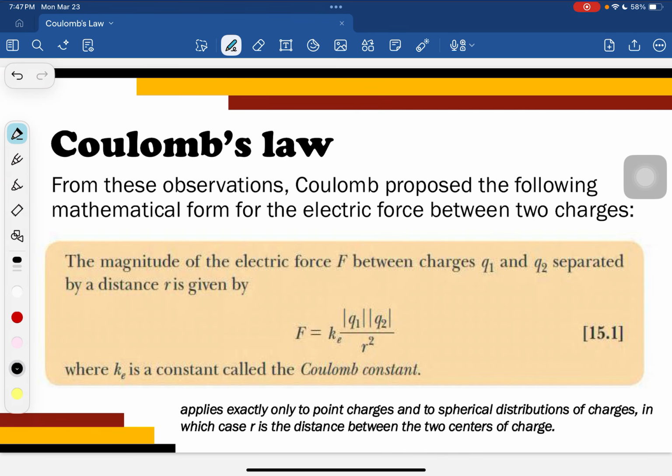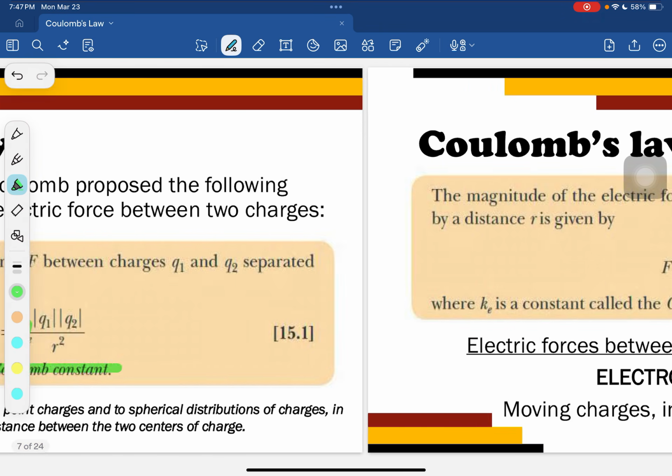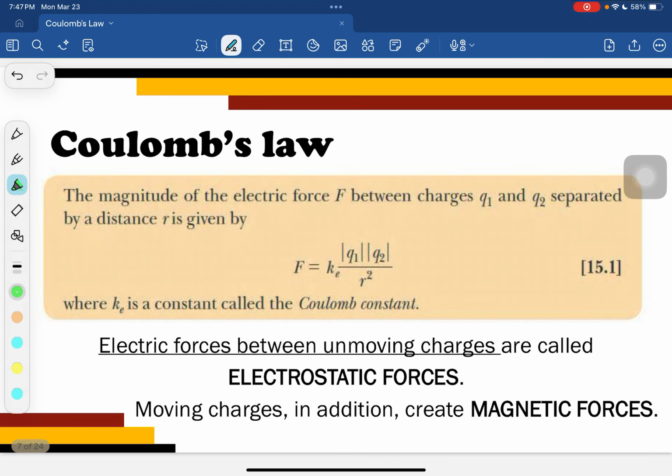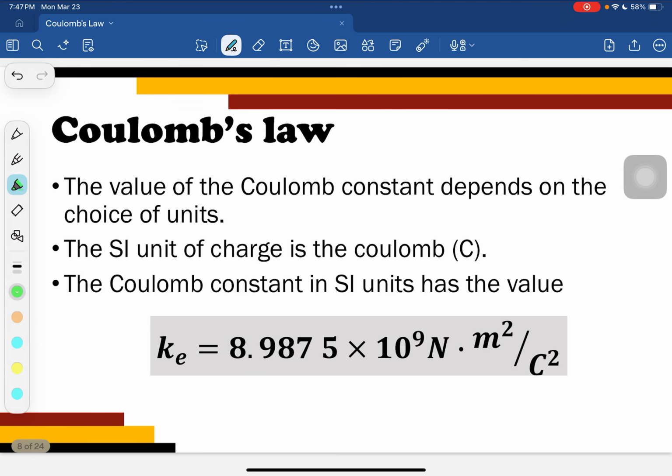And there is a constant that we have to consider, and that is our k, called the Coulomb constant, or sometimes Coulomb's constant. Make sure that you know the value of k. The Coulomb's constant is 8.9875 times 10 to the ninth newton meter squared over coulomb squared.